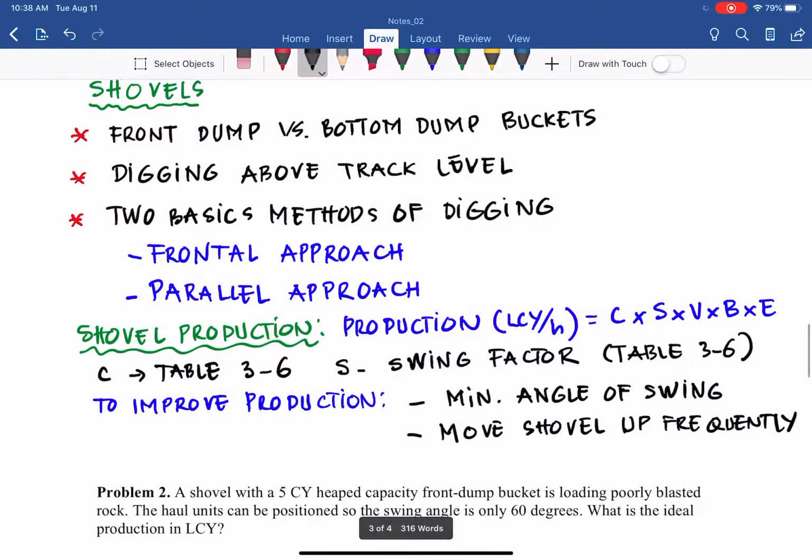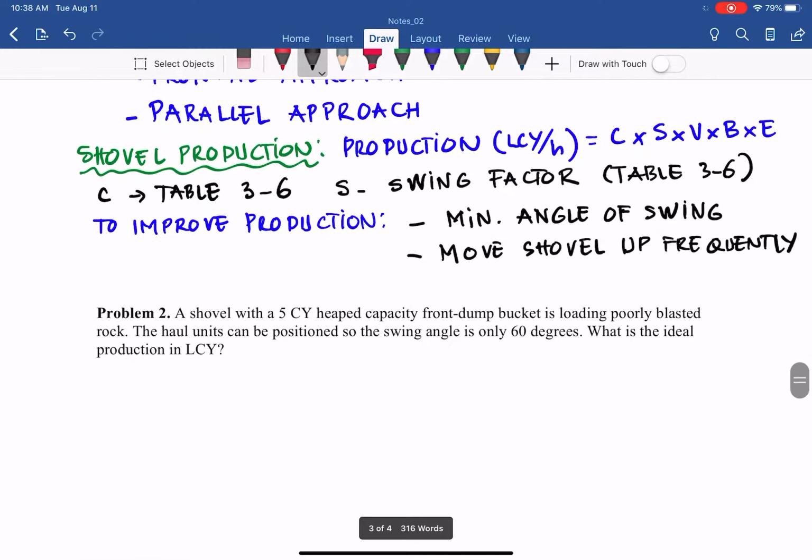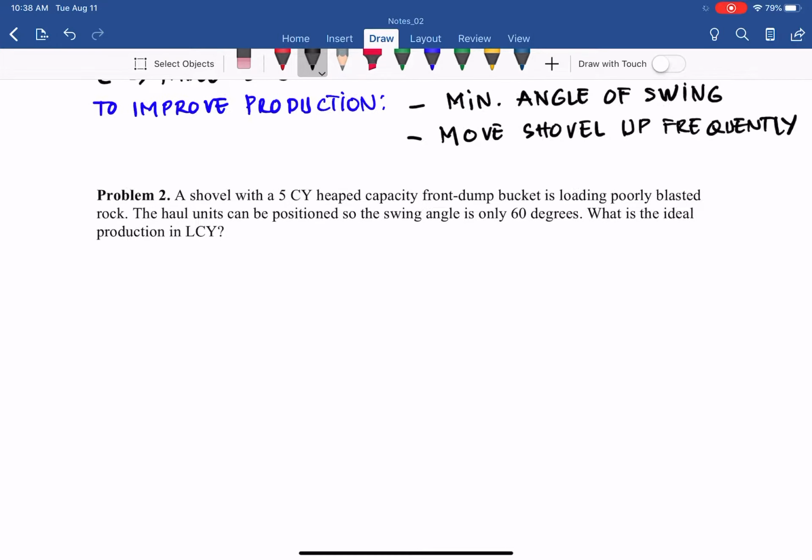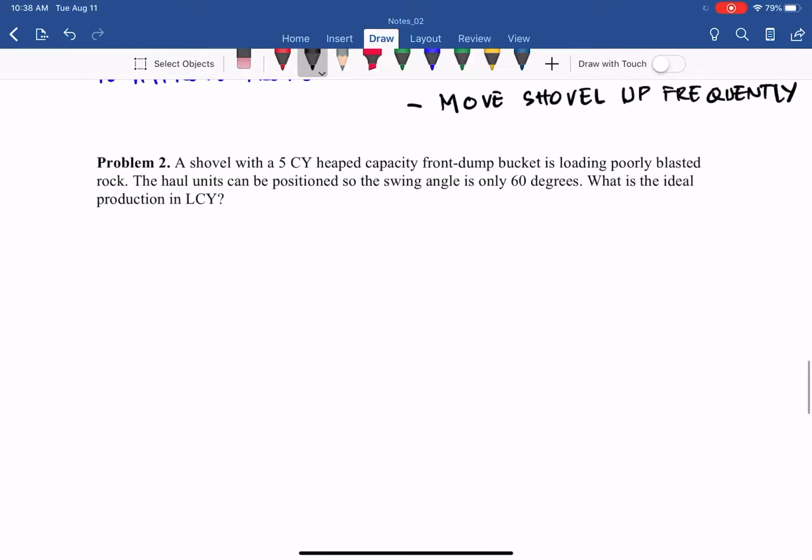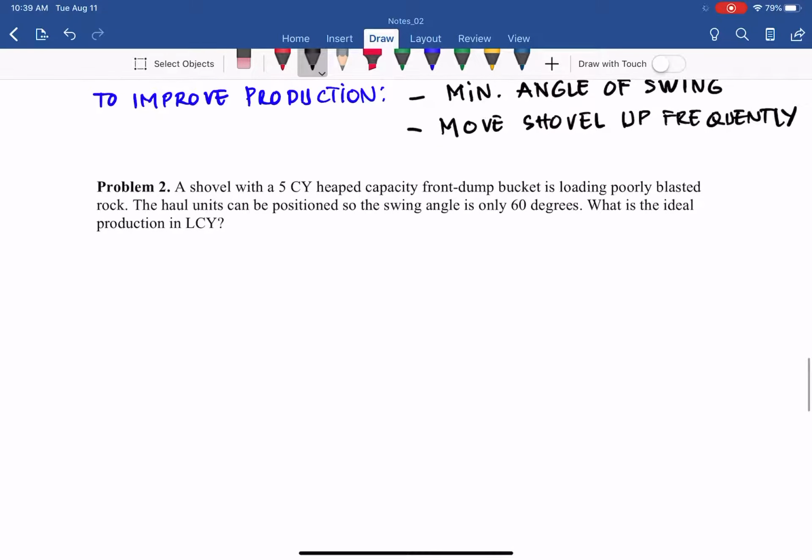Okay, so those are the productions for the shovel, and let's quickly apply them in problem 2 here. The shovel with the 5 cubic yard heap capacity front bucket is loading poorly plastic rock. The whole unit can be positioned so the swing angle is only 60 degrees, so the angle of swing is small. That's good.